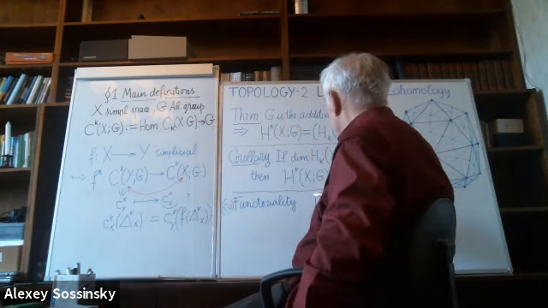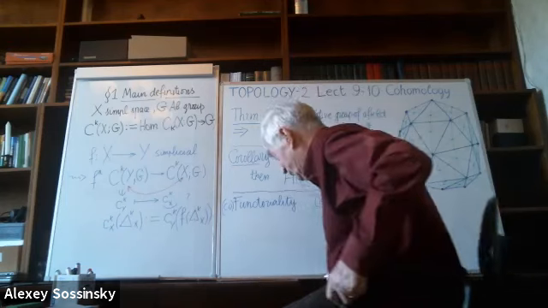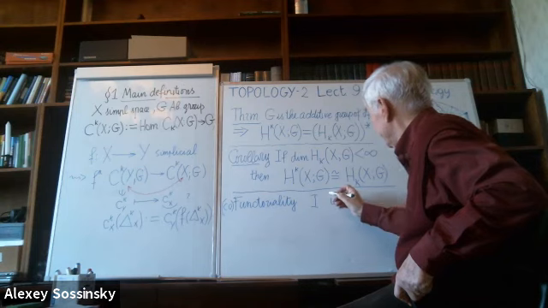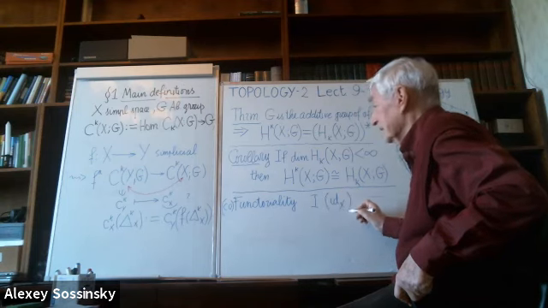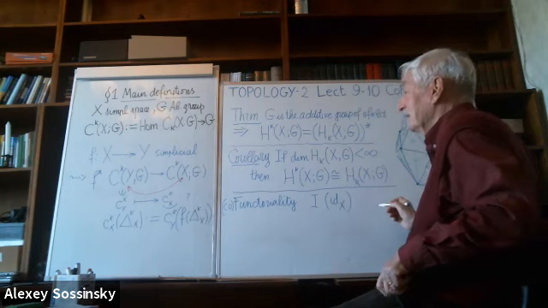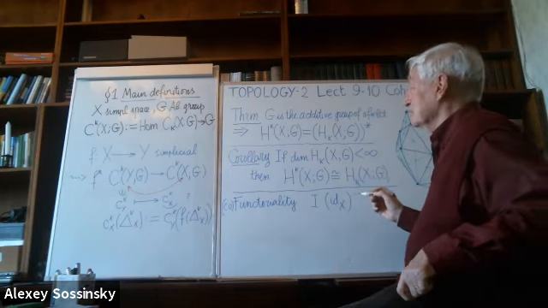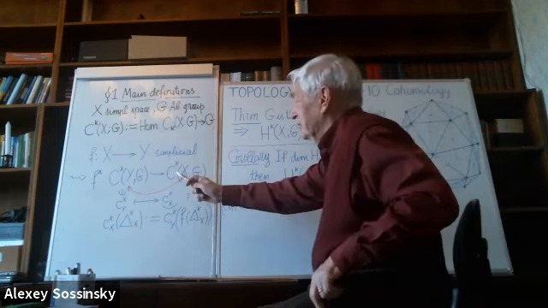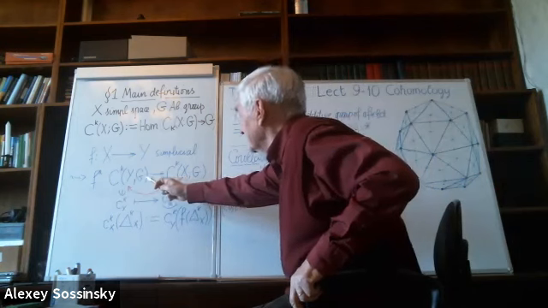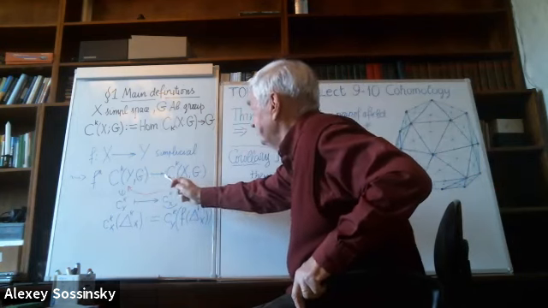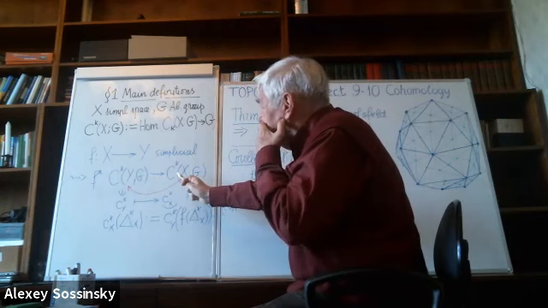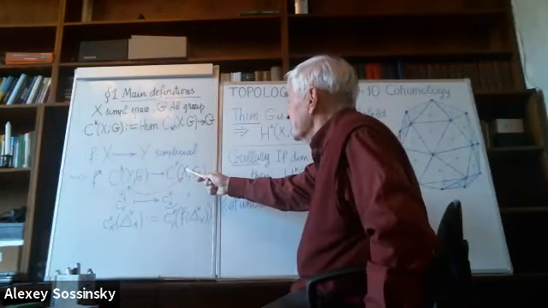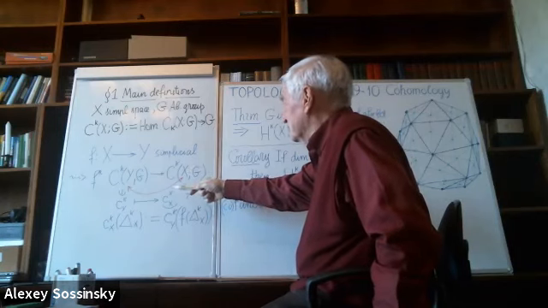It says, first of all, that if we do the identity of X, then, once we have this homomorphism, we can pass from the chain level to the homology level in the usual way.